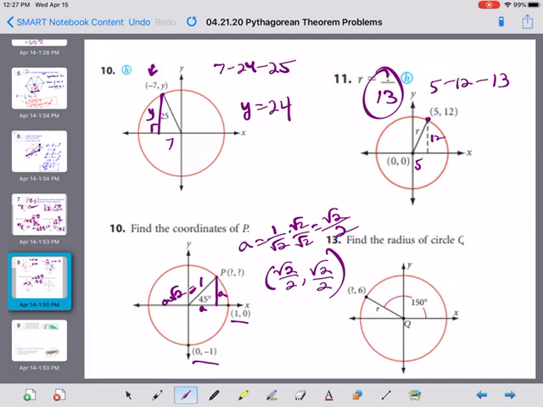And 13, finding the radius. So we have a 150-degree rotation, which means you're 30 degrees away from 180. Drop the vertical. The height is 6. Okay.